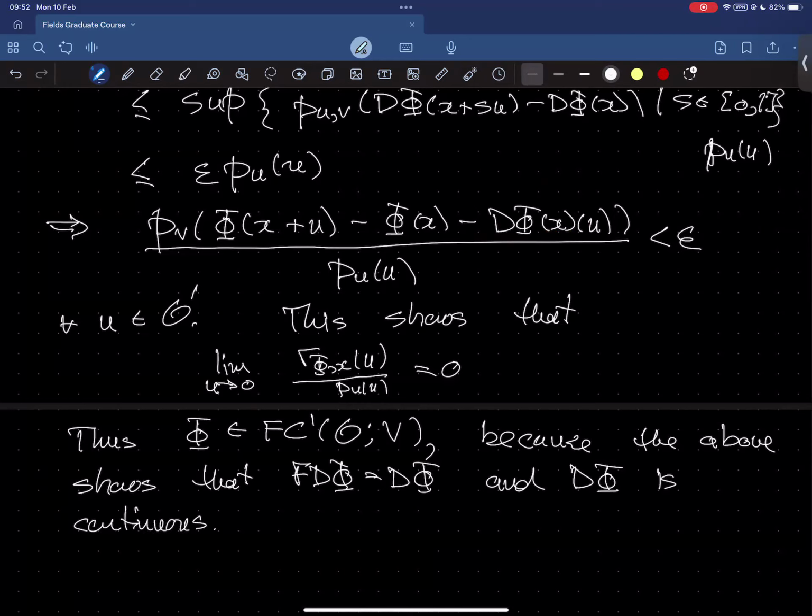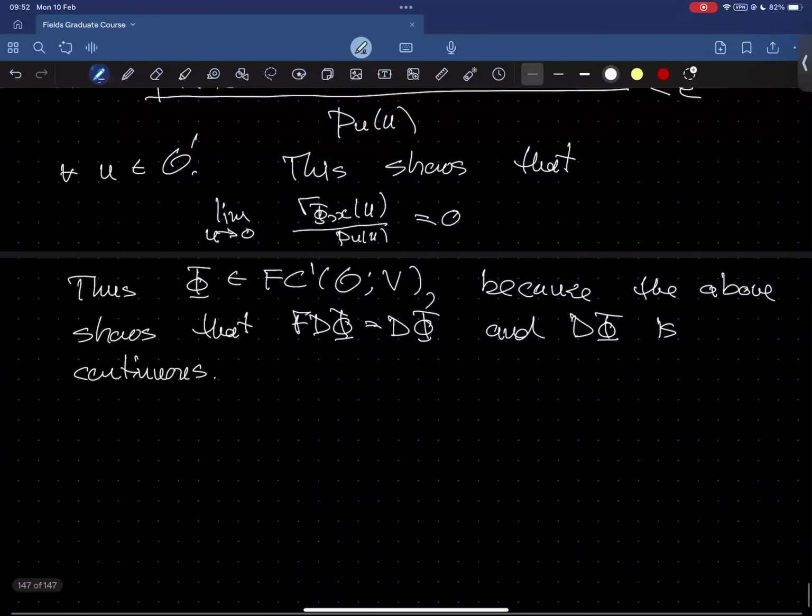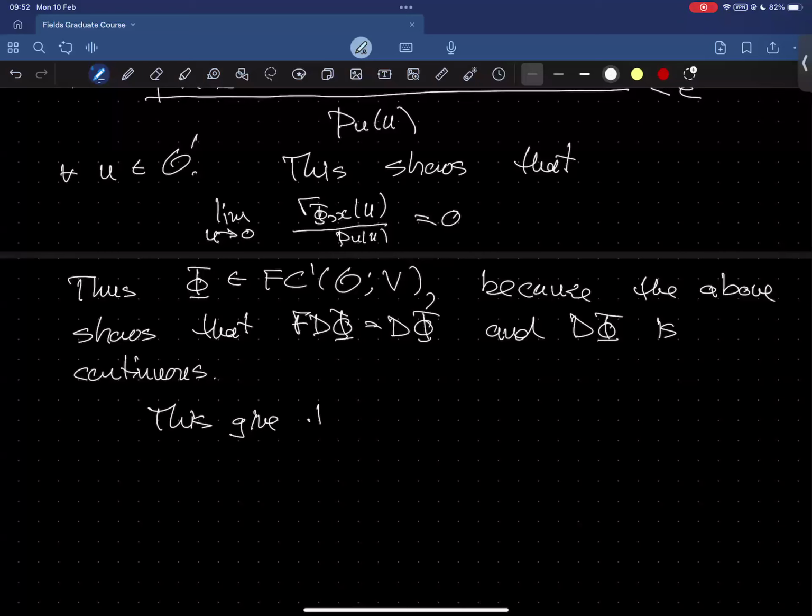So that proves the result for k equals 1. This gives the theorem for k equals 1.